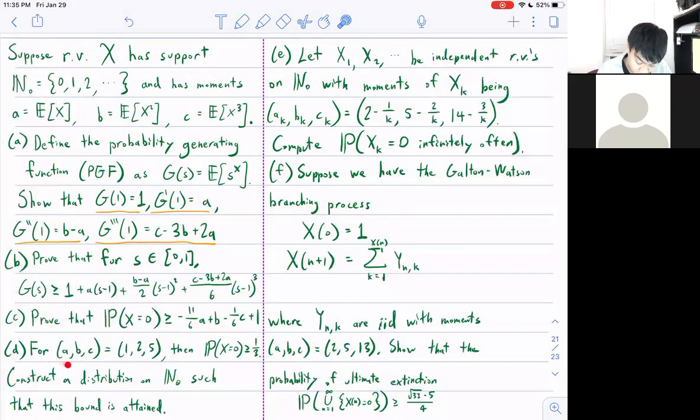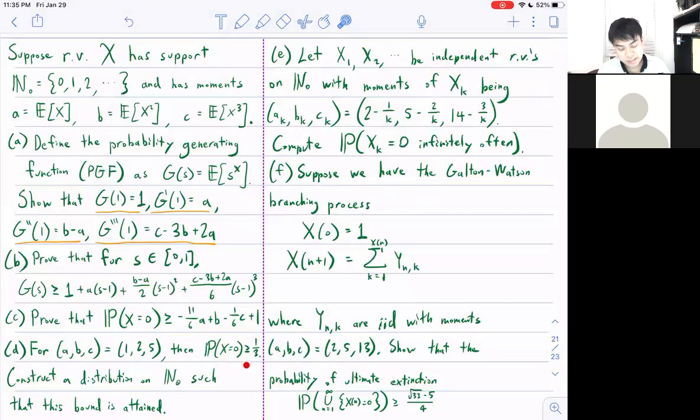For the fourth problem, we set these specific moments to be 1, 2, and 5. So the first, second, and third moments are respectively 1, 2, and 5. Then you can plug these numbers into this inequality in the previous expression to get that the bound on x equals 0 has probability greater than or equal to 1/3.